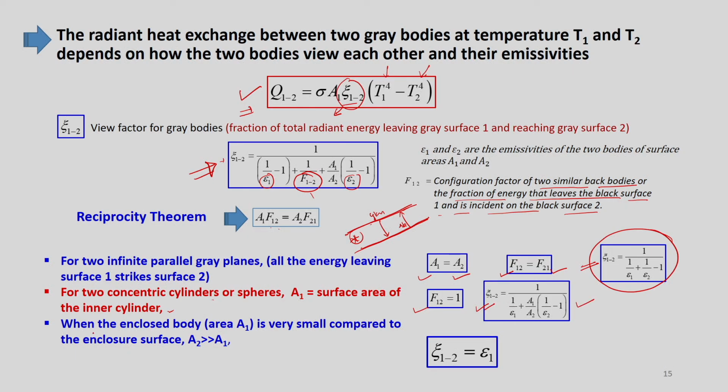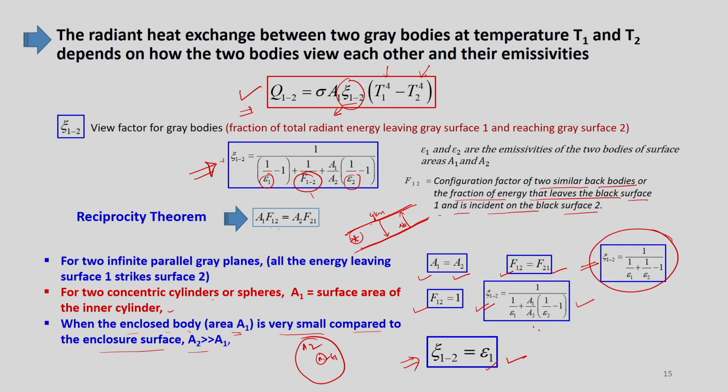And when the enclosed body, say area A1, is very small compared to the enclosed surface, under that condition this may be A2. So, this view factor is something like the emissivity of the internal one. That way we can calculate the view factor.